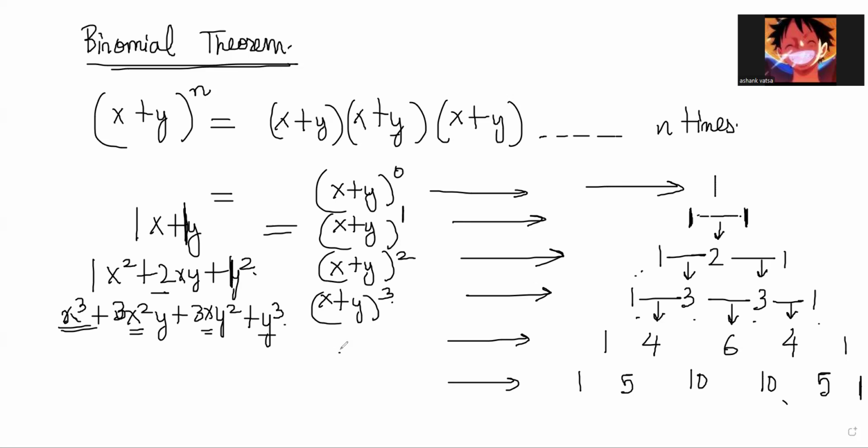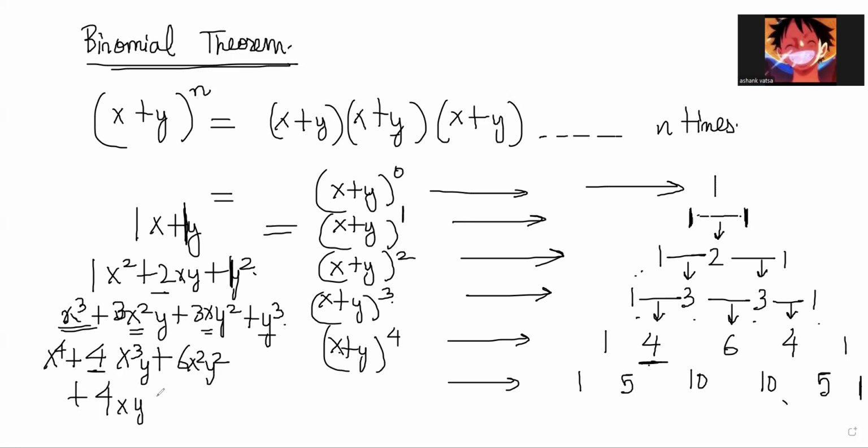So from here, you can predict that (x plus y) power 4 would be x power 4 plus 4x cube y, as you take the coefficient 4 from here, plus 6x square y square plus 4xy cube plus 1 y power 4. Do you understand? Yes, sir. So that is a way to write the expansion of (x plus y) power n, which is your binomial theorem.